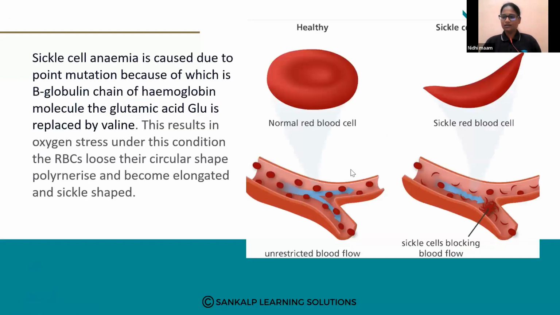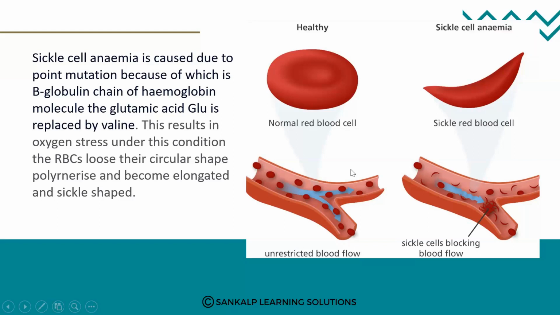Yes, Swati, can you read it? Sickle cell anemia is caused due to a point mutation, because of which in the beta globin chain of hemoglobin molecules, the glutamic acid is replaced by valine.